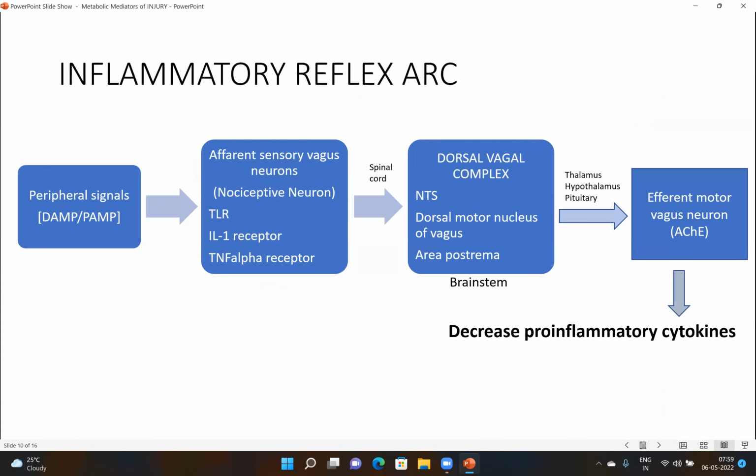Through spinal cord, it reaches the brainstem in the dorsal vagal complex made of nucleus tractus solitarius, dorsal motor nucleus of vagus, and the area postrema. Traveling through thalamus, hypothalamus, and pituitary, efferent motor vagus neurons release acetylcholine, and these finally lead to a decrease in pro-inflammatory cytokines.